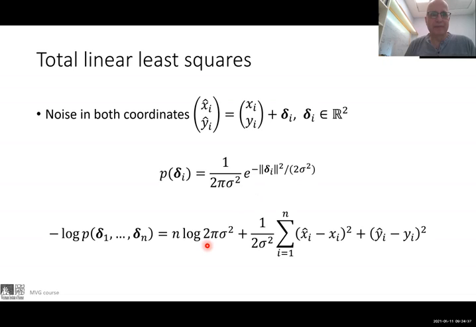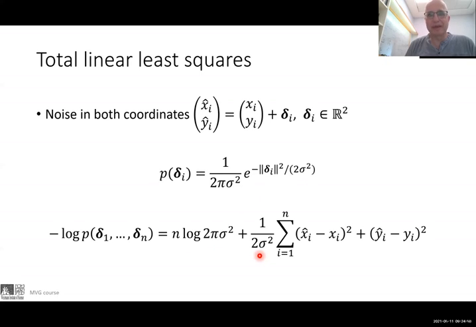We get the first term, which does not depend on delta, and we will be able to omit it from the minimization. The second term is just the exponent, 1 over 2 sigma squared.